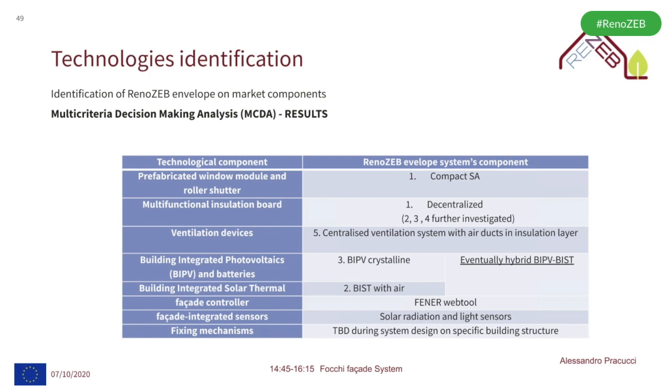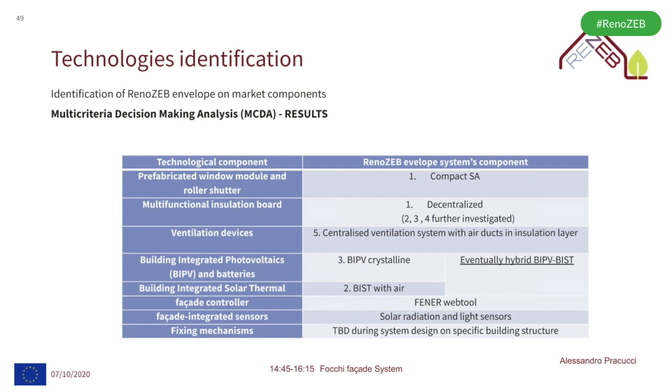Generally speaking, this monoblock is commonly used in retrofitting of existing buildings to improve the thermal performance of the openings. In this case, we have decided to include this as a valuable solution inside something new, which is the facade system. Then we have moved on to the multifunction insulation board.